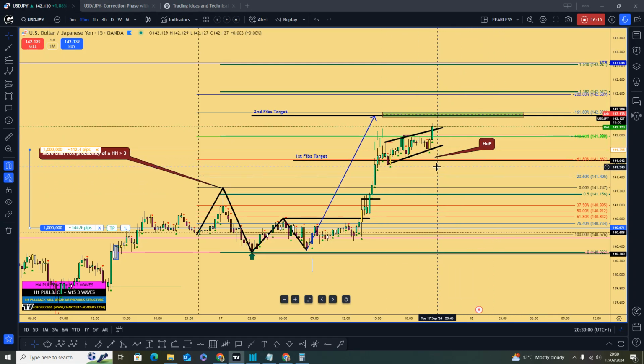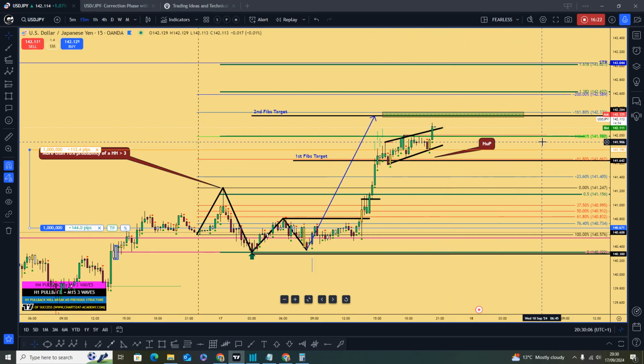So I've tried to trade multiple pairs in the past. Doesn't suit my personality. That is why I tend to trade one or maximum of two pairs, because I can be in control of my emotion. I can be in control of my decision making, and I'm not being pulled left, right, and center.